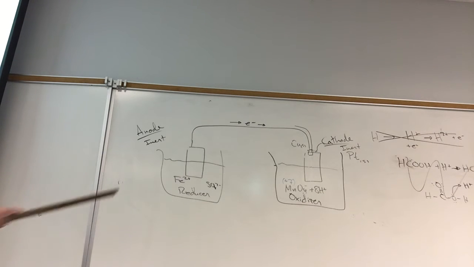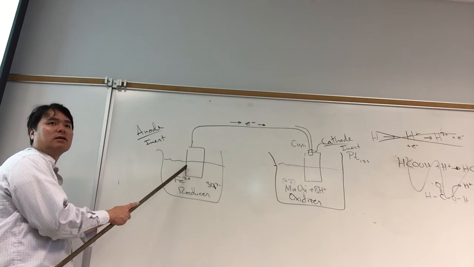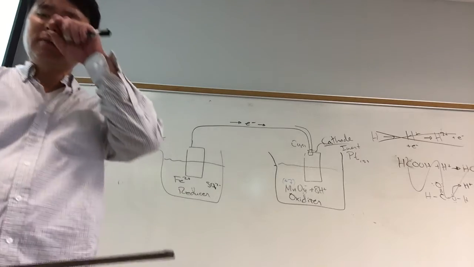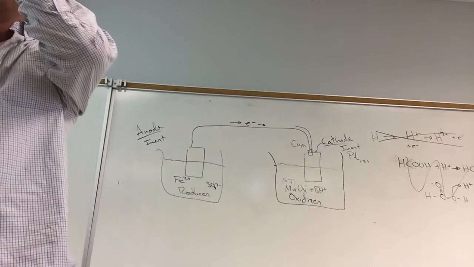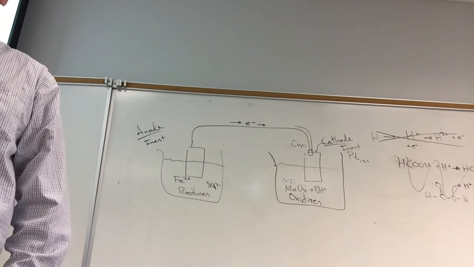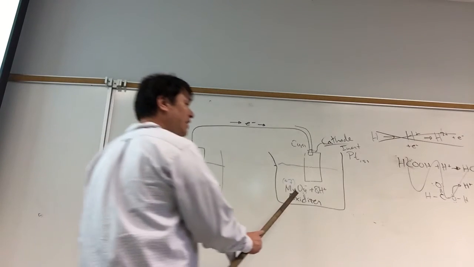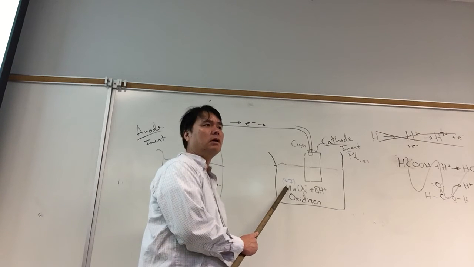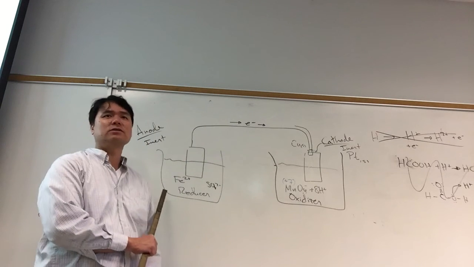If I put zinc in here, the iron 2 would attack it directly and take electrons from it. Because with iron 2, you have to be careful. When we think about reactivity for iron 2, all of a sudden we have to think in two ways. It has to be inert in two ways. Whereas permanganate doesn't. Permanganate, the only thing it can do is be an oxidizer. Iron 2 can be both an oxidizer and a reducer.